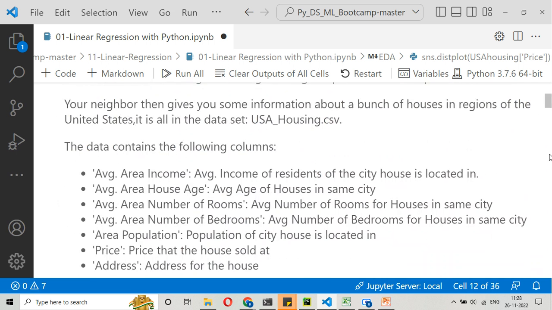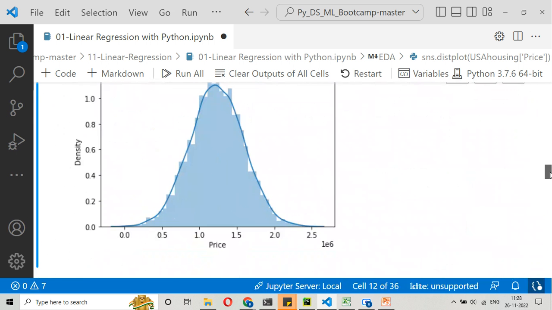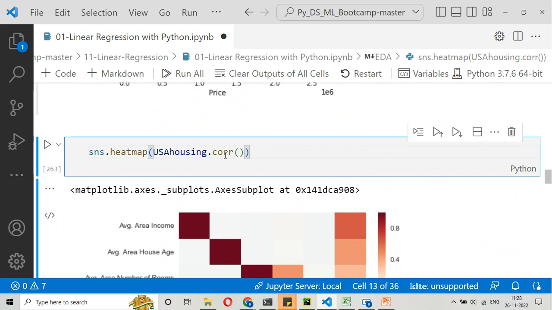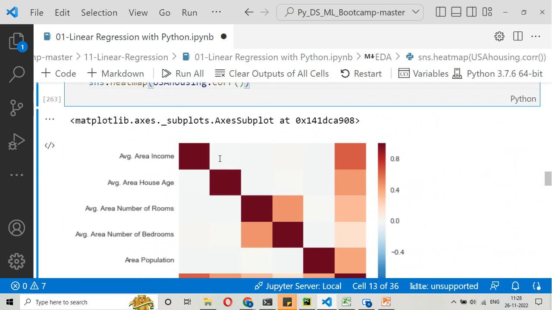After that you should do a correlation plot using this command, if you remember. If you find 0.8 or more than 0.8, or maybe 0.75, you can say those two are correlated.